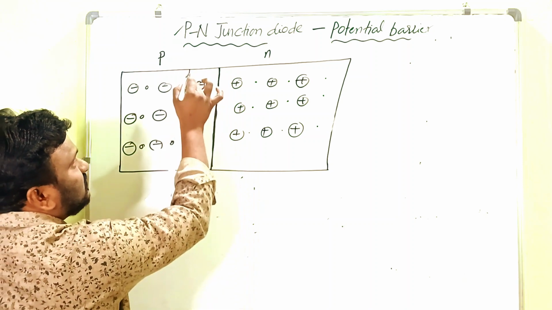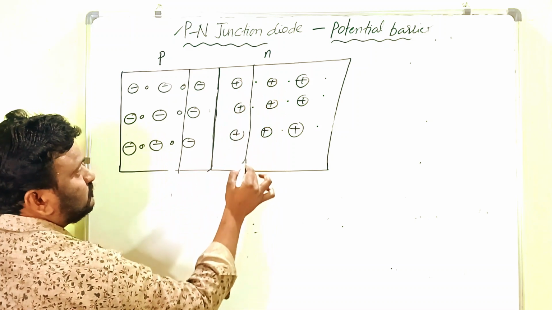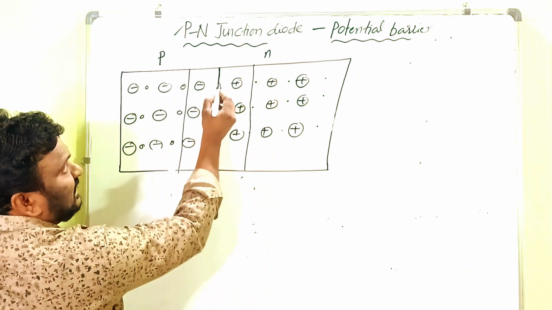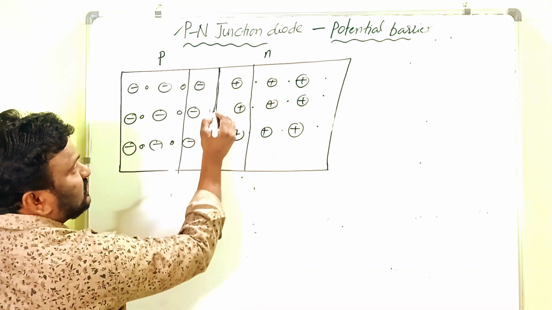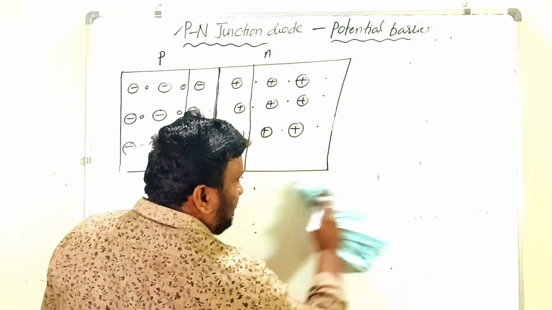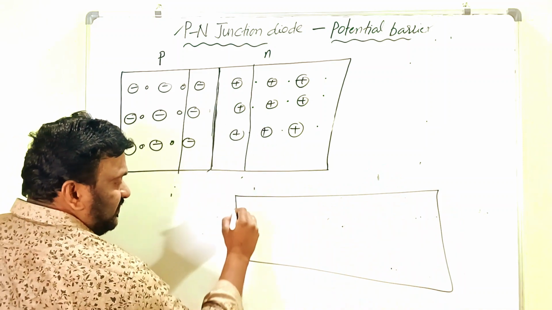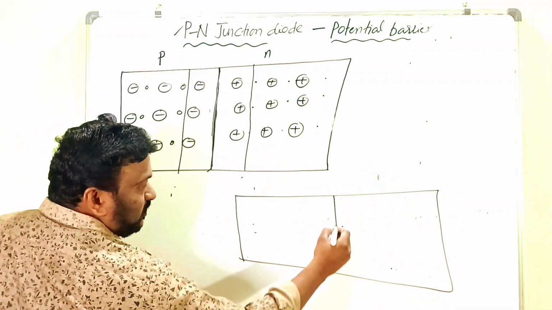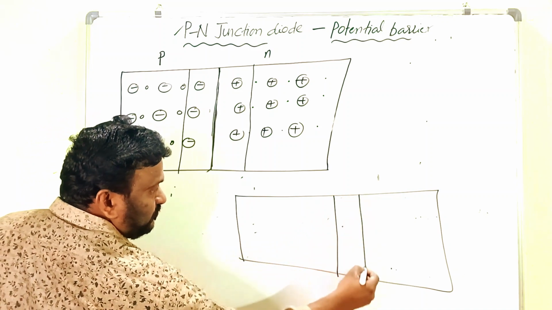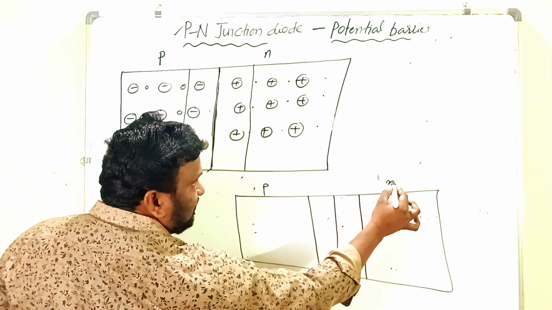Near the junction, I am drawing it separately here. Very simple to understand. If you can understand this one, you can easily understand the further topics. This is the p type and this is the n type.